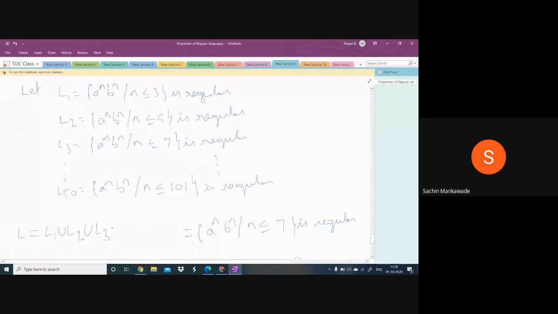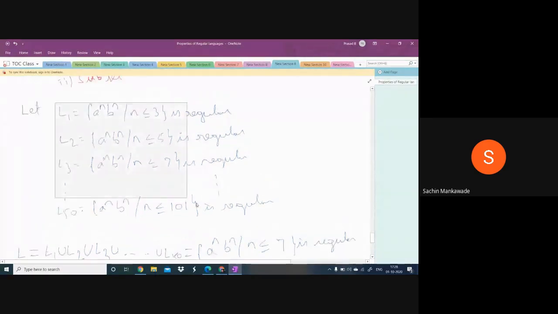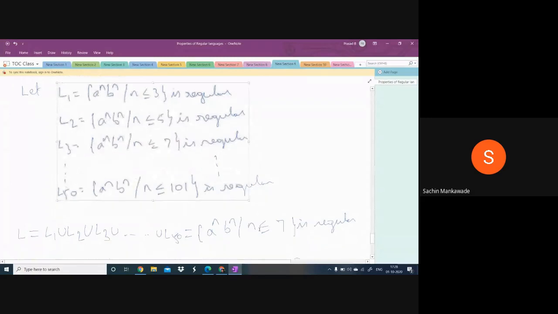Like that, take the union up to L50. Then what will be the union of all these languages? a^n b^n with n less than or equal to 101. Again the relation is finite, so it is regular.